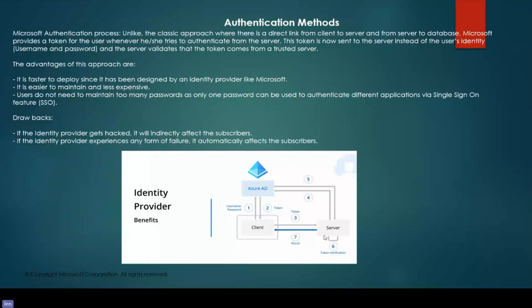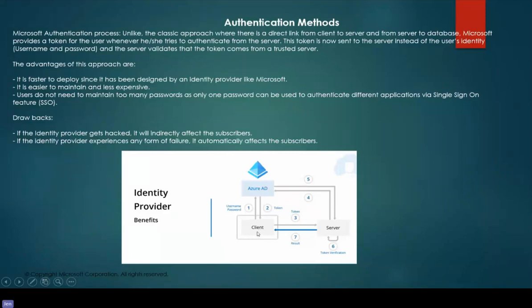And Microsoft in turn gives the client a token, and the client serves this Microsoft trusted server that token. And once that token is confirmed to be from Microsoft identity provider system, it returns a yes, or it returns an authentication, as long as, of course, the user information is correct, right?